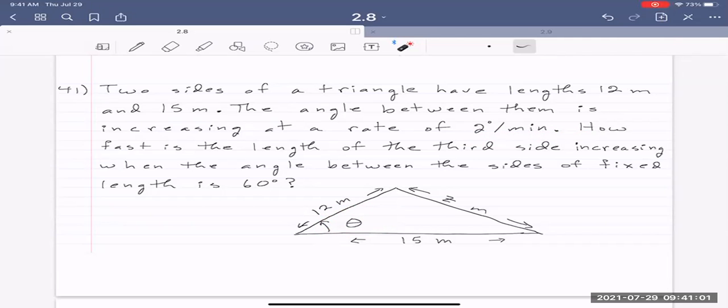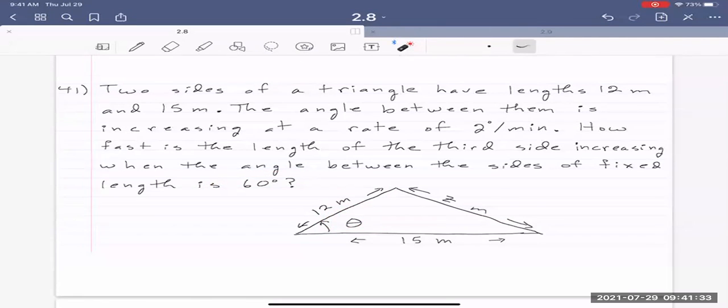So I call this angle here theta. Of course, theta will need to be measured in radian measure rather than in degree measurement. And we want to figure out how fast the length of the third side, z, is increasing when the angle is 60 degrees.